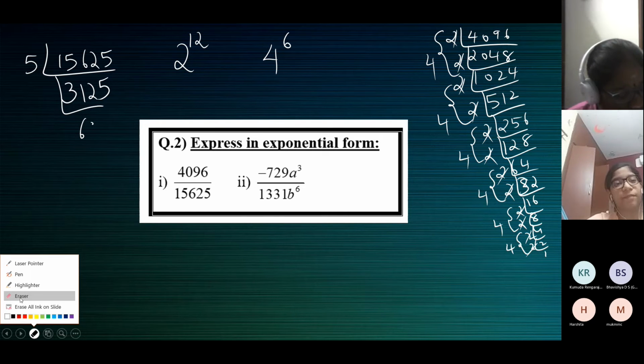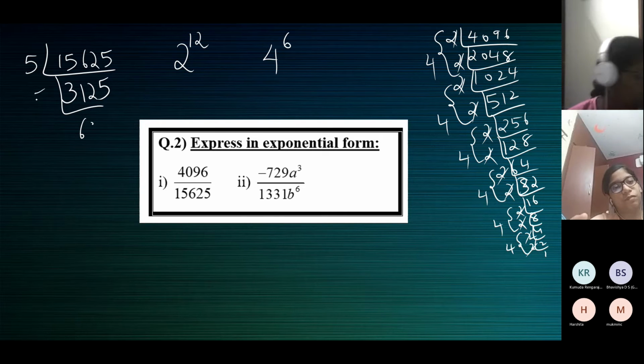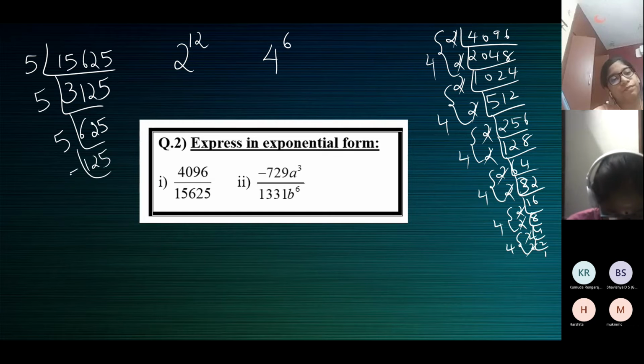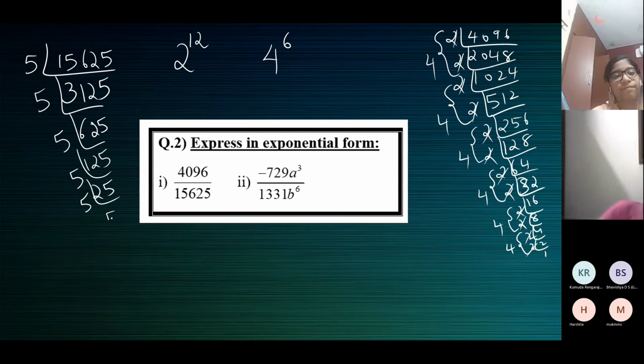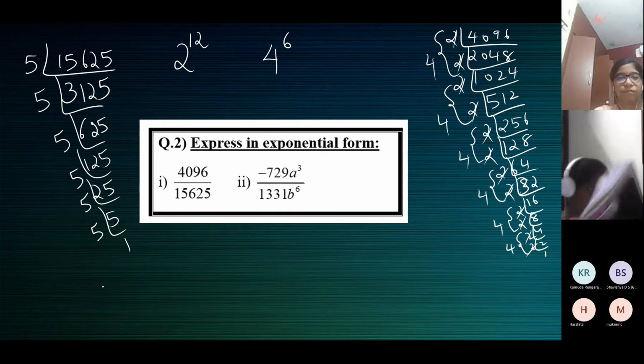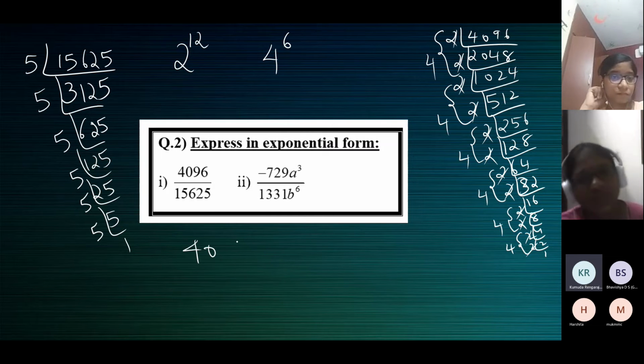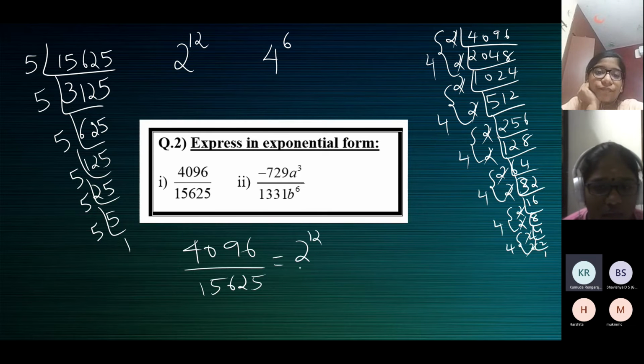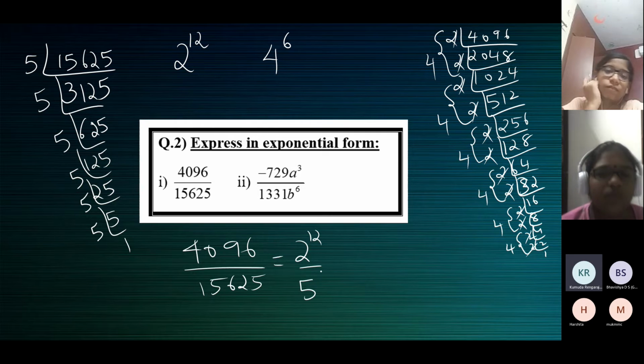And 25. And then 5. So 4096 by 15625 is equal to 2 to the power 12 by 5 to the power 6.